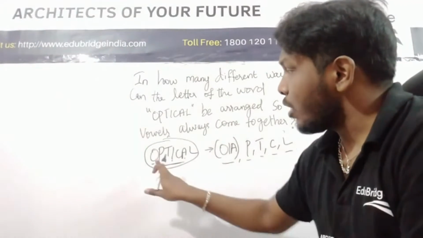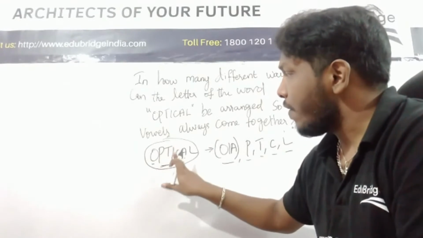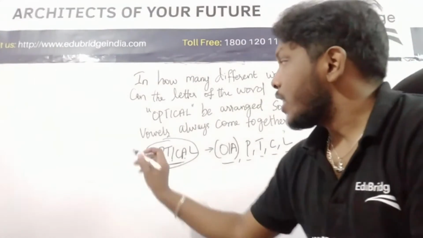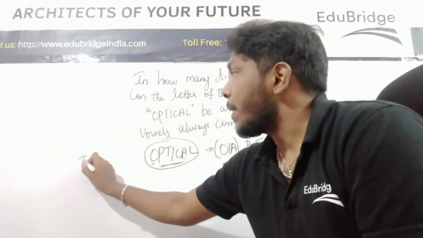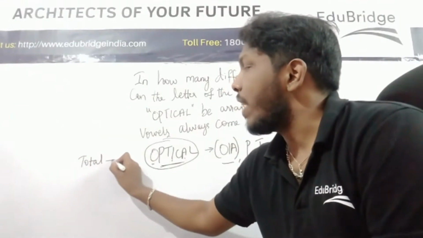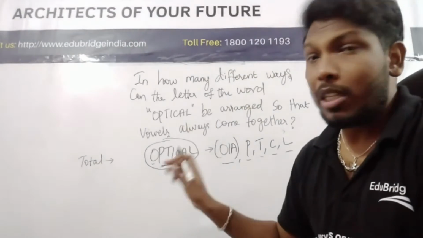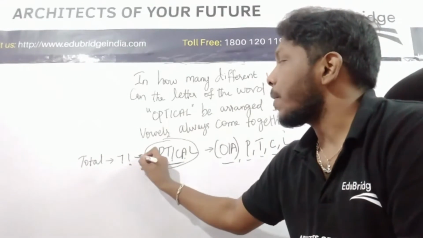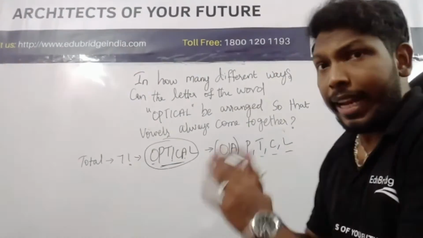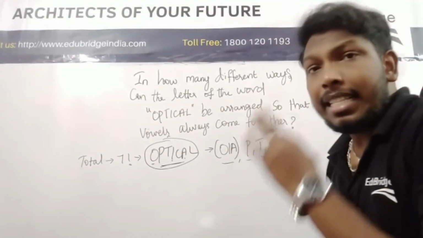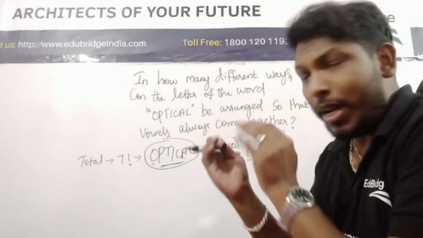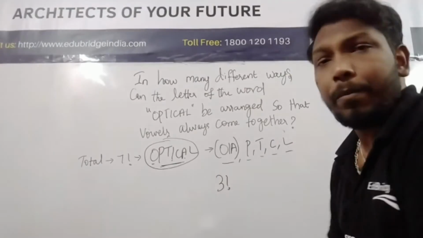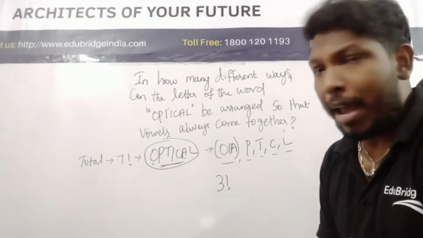We have 1, 2, 3, 4, 5, 6, 7, a 7-letter word, so the total ways of arrangement is 7 factorial. In this, O, I, A are the vowels, and vowels together can be arranged in 3 factorial ways.